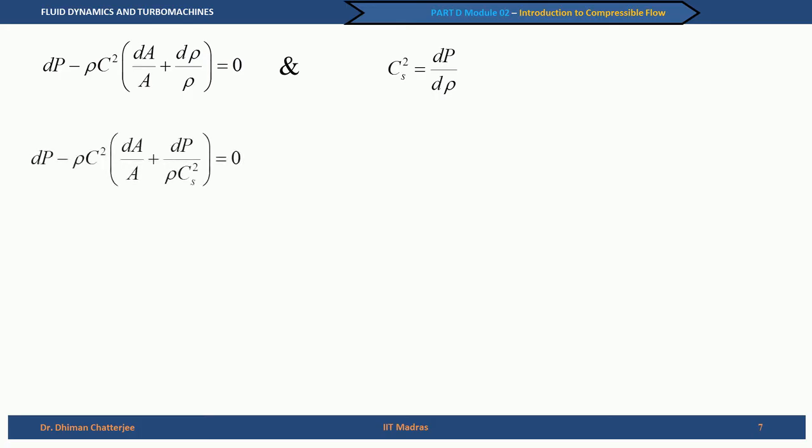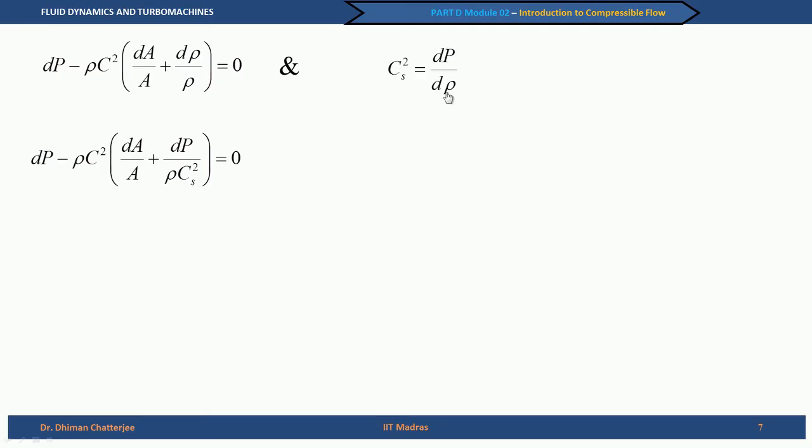We can write this same expression again in the next slide. I write that d P minus rho C square whole multiplied by d A by A plus d rho by rho equal to 0. This is essentially the same expression which I have derived in the last slide. And we know that the speed of sound is given as c s square is d p by d rho. And we can now club these two relations, the one which we got from momentum conservation and the speed of sound, and then we can say that d p minus rho c square d A by A remains.